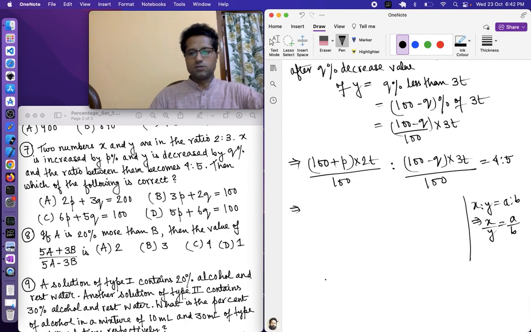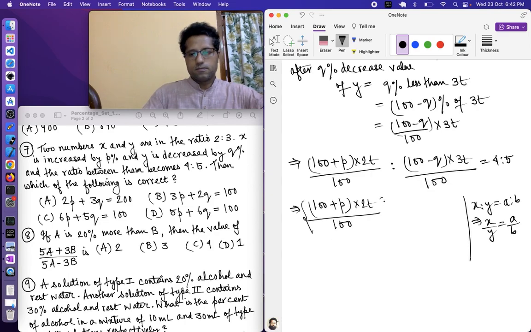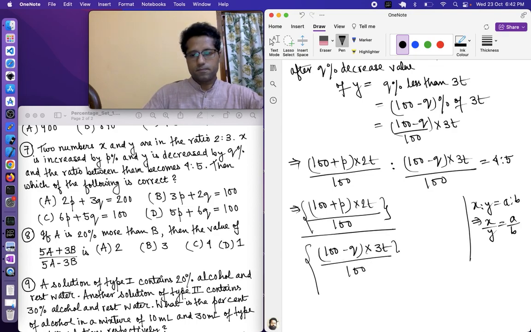So using this concept, we get 100 plus p multiplied by 2t divided by 100, this whole divided by 100 minus q multiplied by 3t divided by 100 must be equal to 4 by 5.